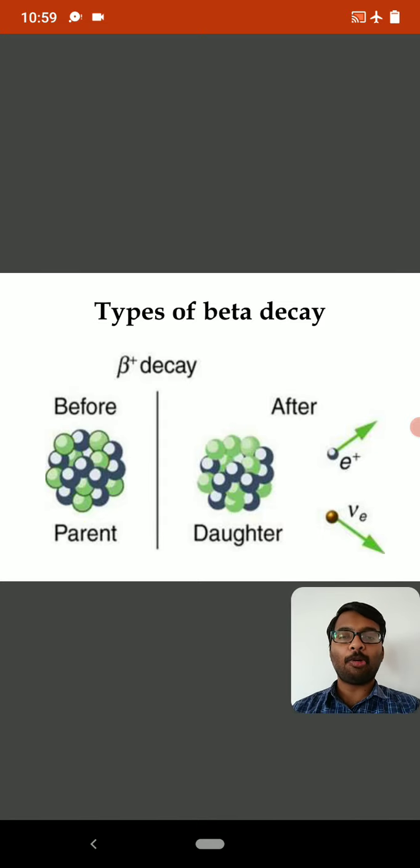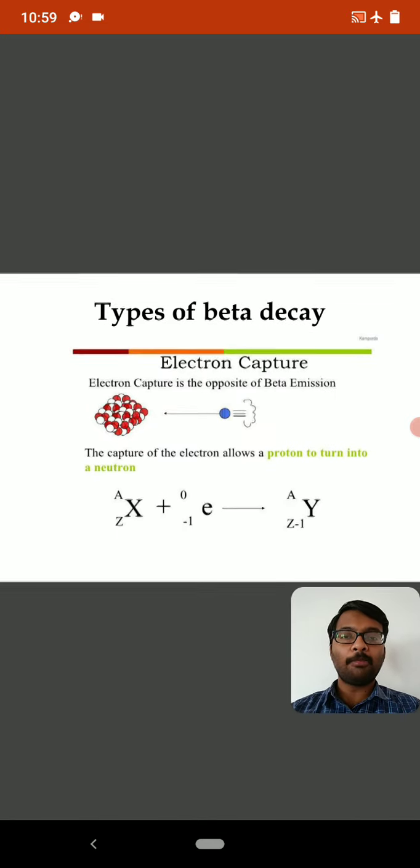Along with these two dominant processes, there is one more process which can occur with least probability, and this third type of beta decay is called electron capture. The name itself suggests it: in electron capture, the proton captures one of the electrons and is converted into a neutron.